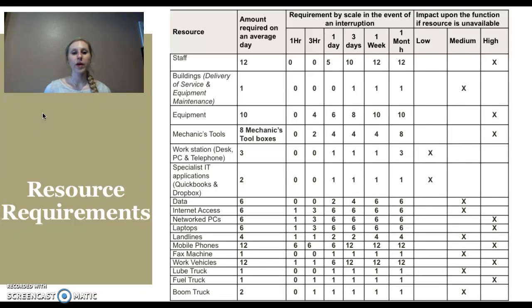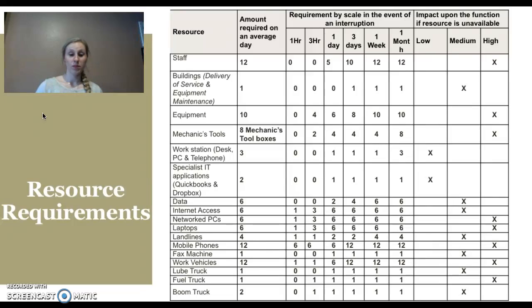So resource requirements. Our personnel and our employees are a huge asset to Midstate Equipment, and we generally have about 12 to 15 employees annually, and the building itself is a huge resource where work is performed. Both the office and equipment are maintained within the shop.